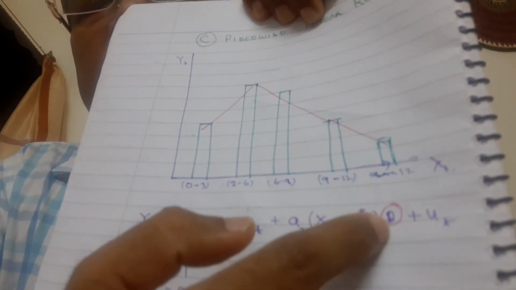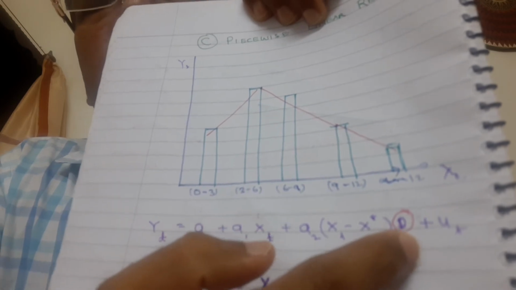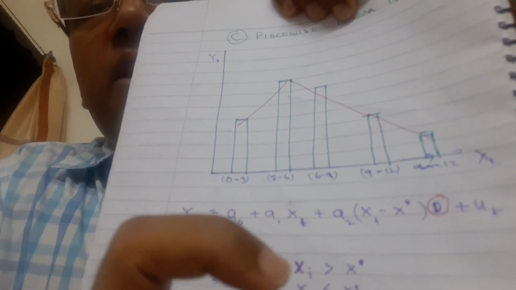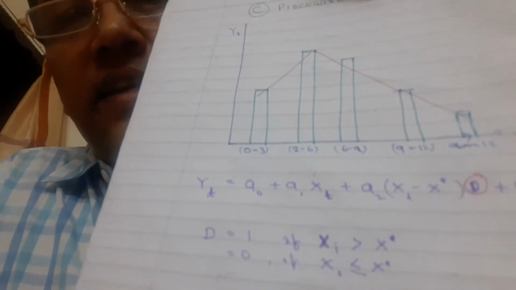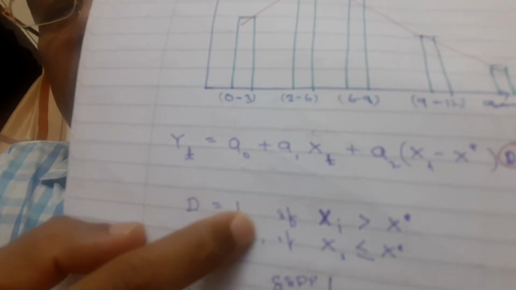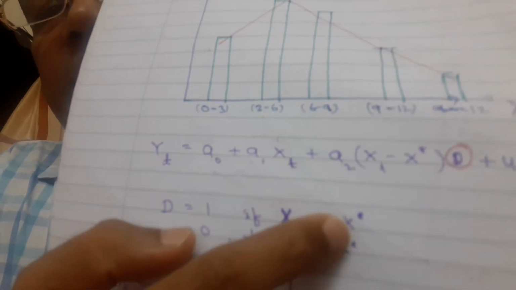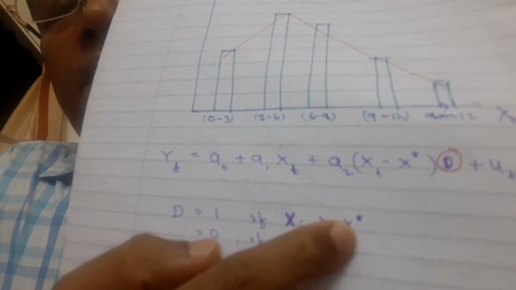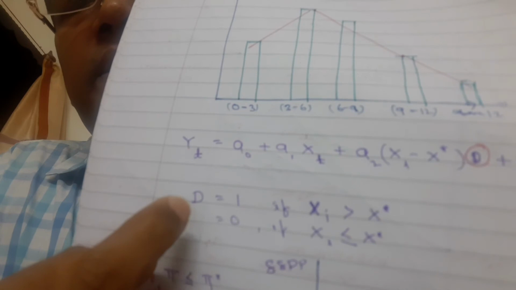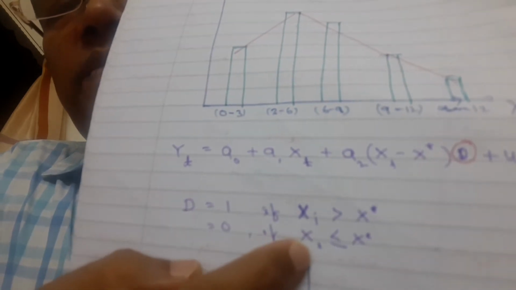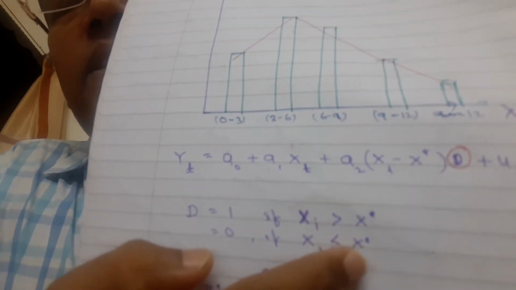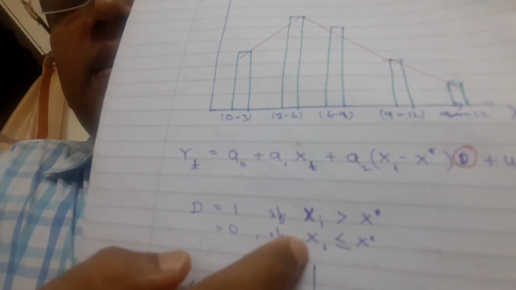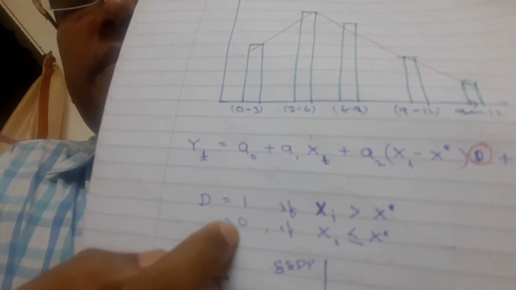What is important is D here. This is the dummy variable. It is constructed in a special way, a little different from what we have discussed until now. The dummy variable takes the value of 1 when xt is greater than x star. For all those inflation levels higher than x star, D is 1, and for all those inflation levels for which x star is higher than xt, the D variable is 0.